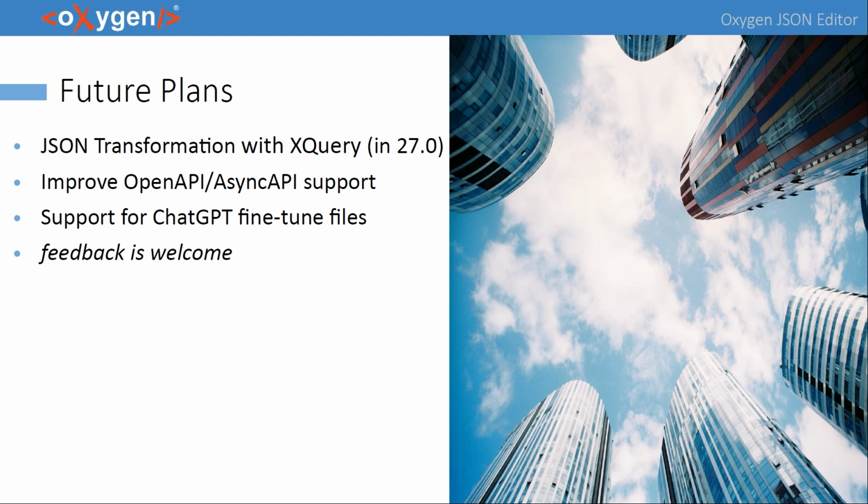As future plans, we'll have in version 27 JSON transformation with XQuery, and also from 27.1 we managed to perform the XSLT transformation for JSON with documents provided directly to the transformation engine, not only using doc primitives, so you can load them.